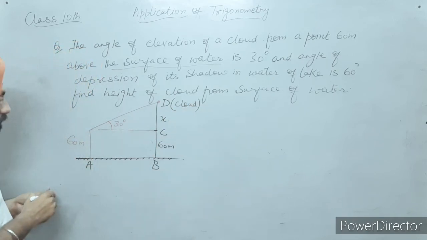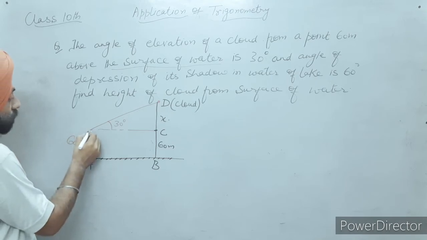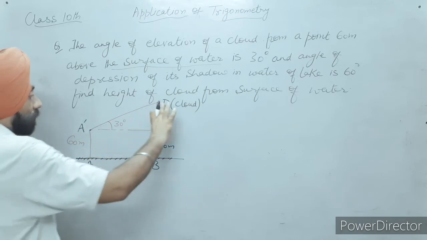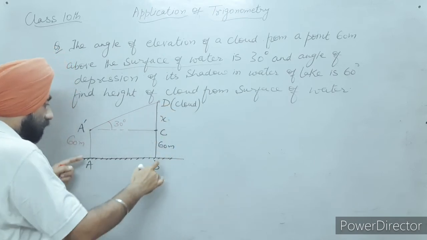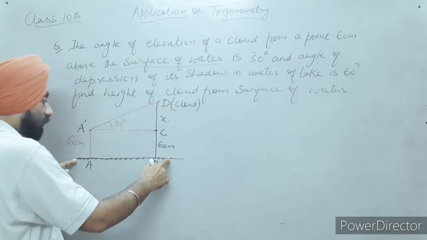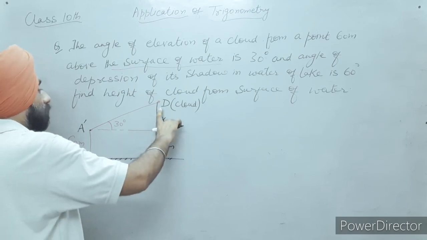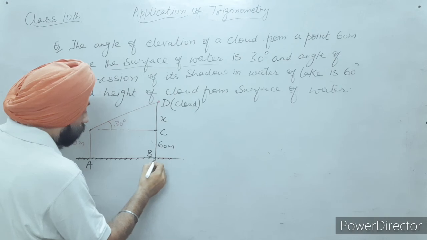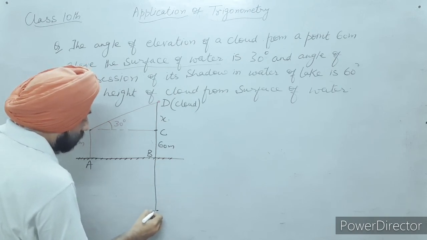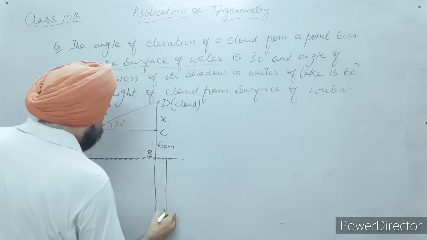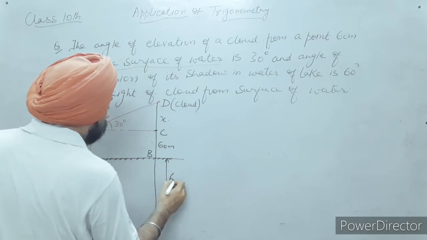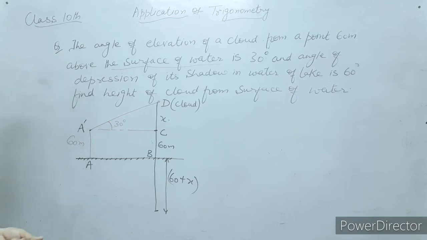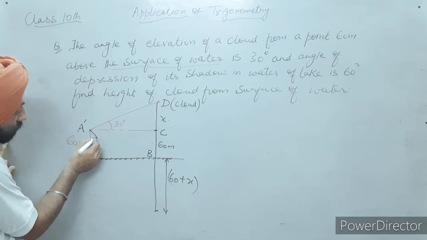Now from here, this point be, say, A dash. If this is 60 plus x, the water will act as a mirror. The image of the cloud will be formed at the same distance. This will be 60 plus x, the law of physics. 60 plus x, right? This is angle of depression.